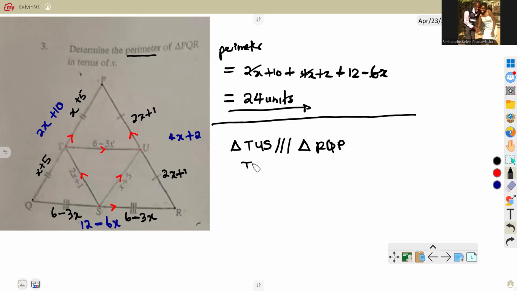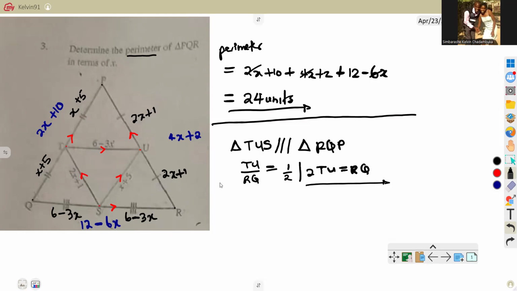You end up realizing that TU is to RQ, any corresponding side that you get, is 1 is to 2. In other words, 2TU is equal to RQ, the bigger side. So from this ratio, we prove that those two are similar.